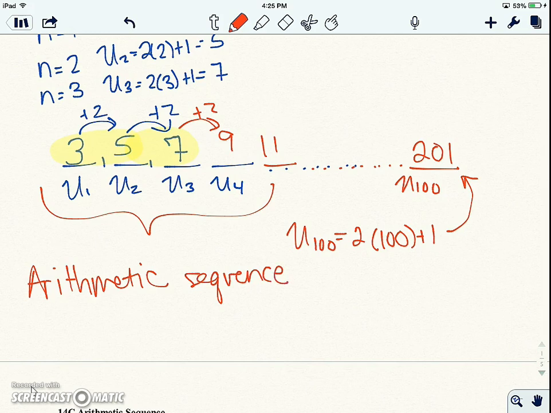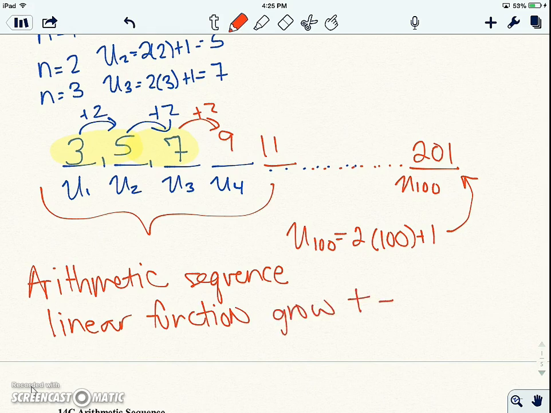It's a linear function that changes by a positive or negative amount from each term.